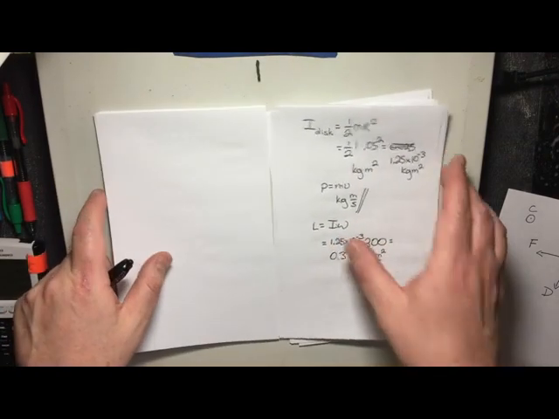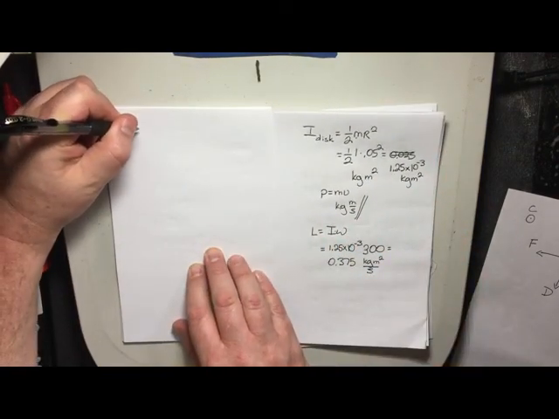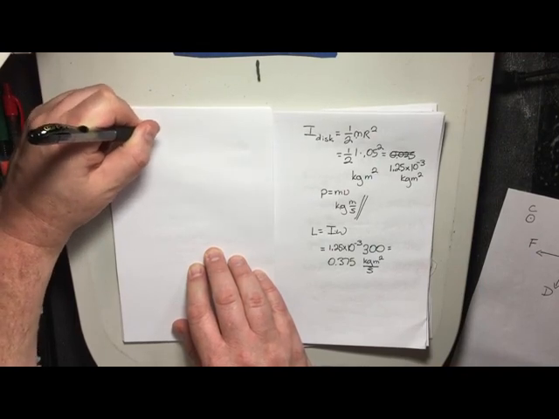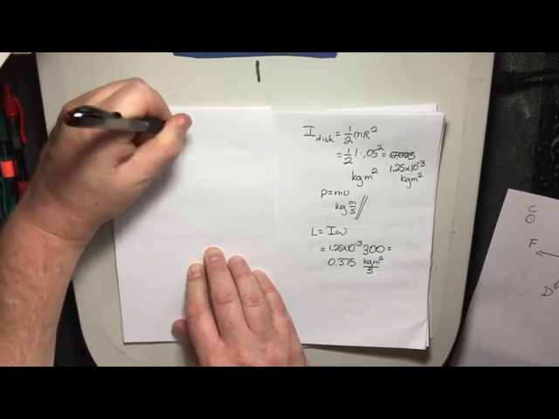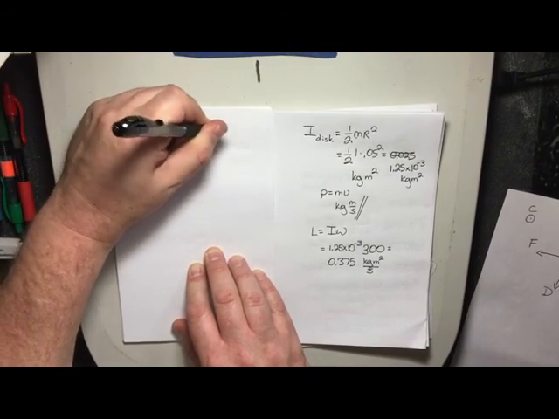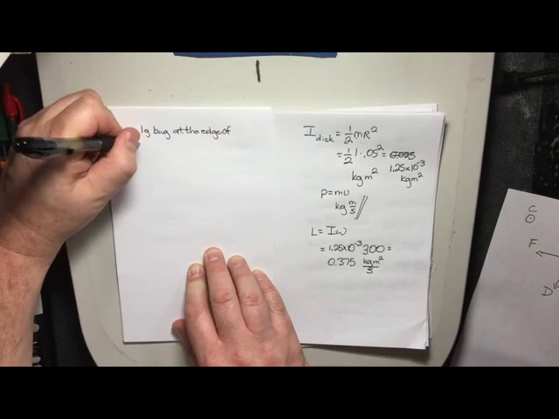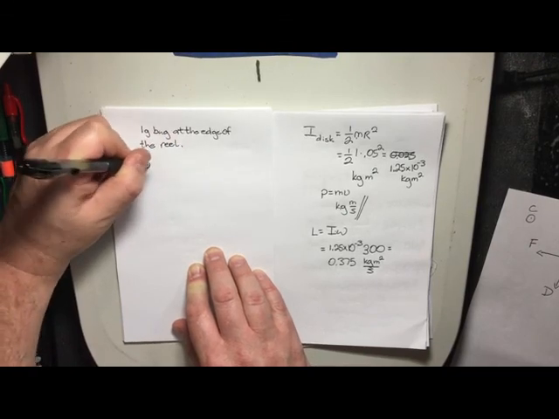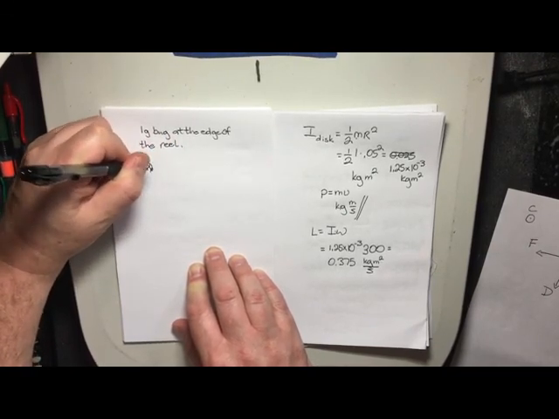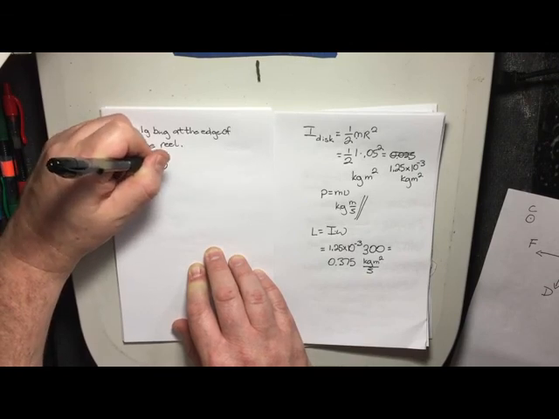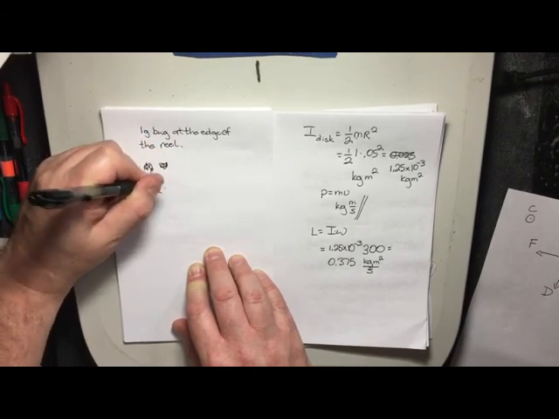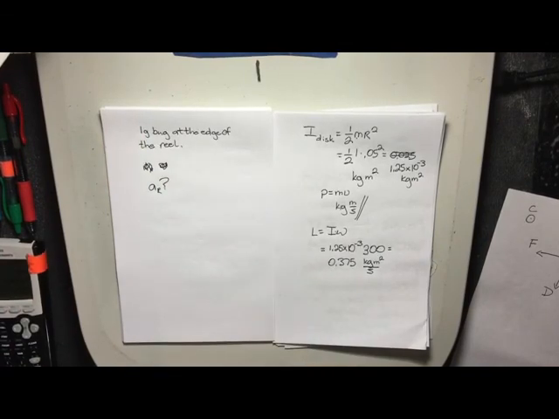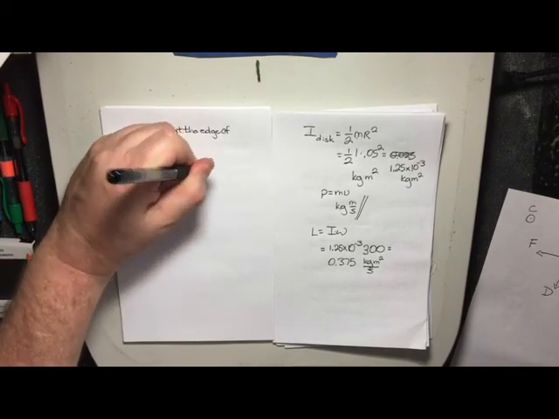A couple other things that we can do with this. Let's say that there was a 1 gram bug at the edge of the reel. What is the radial acceleration of the bug on the disc? Well, radial acceleration is measured as v squared over r.